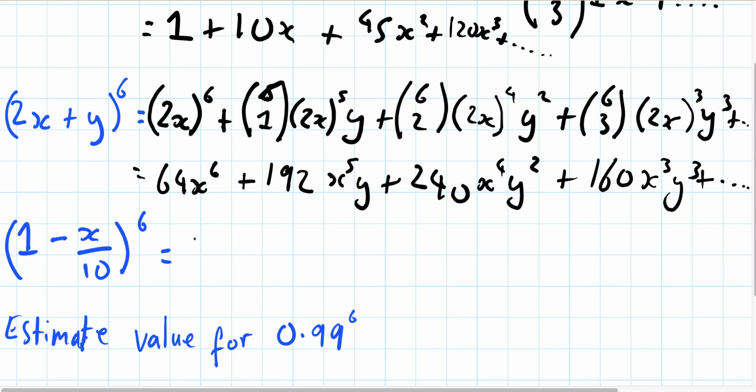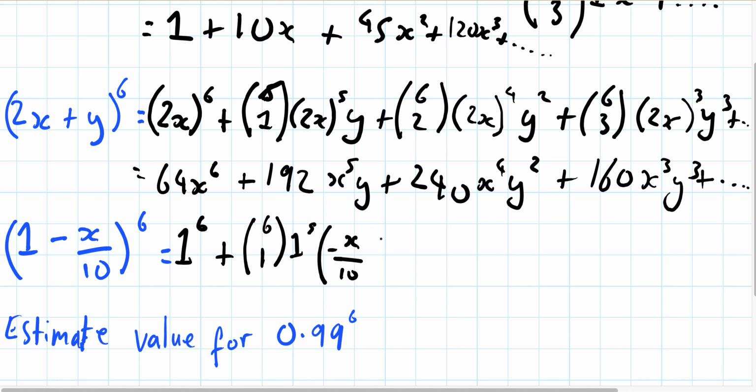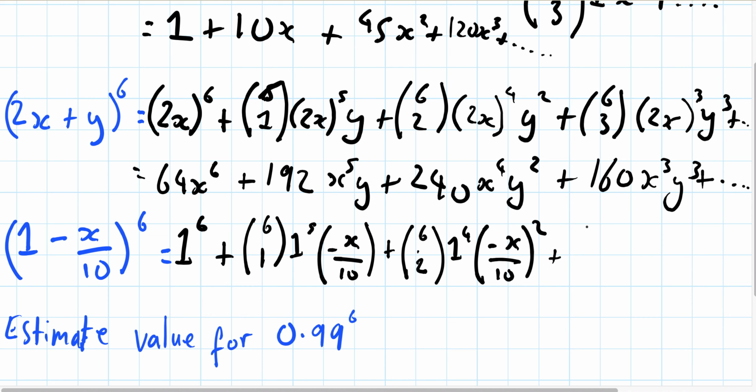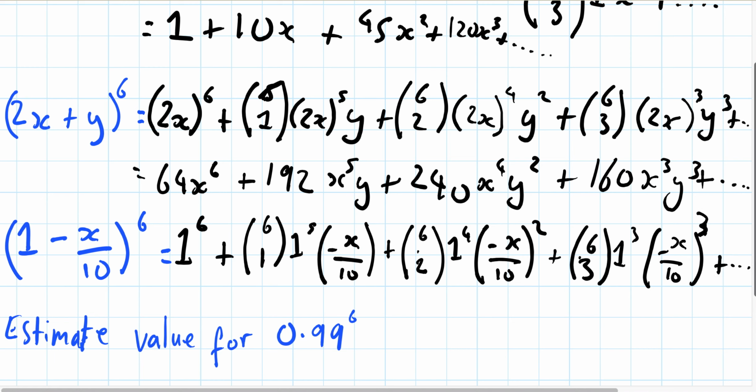So we're going to go for 1 to the power of 6, add factorial notation, 6C1, times 1 to the power of 5 times (minus x over 10). Add 6C2 times 1 to the power of 4 times (minus x over 10) squared, add 6C3 times 1 cubed times (minus x over 10) to the power of 3, plus dot dot dot.